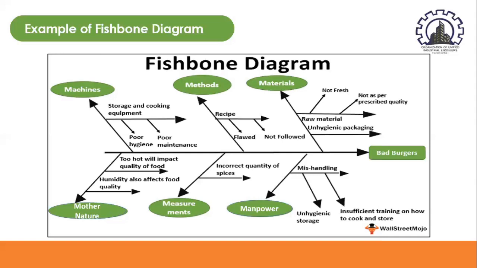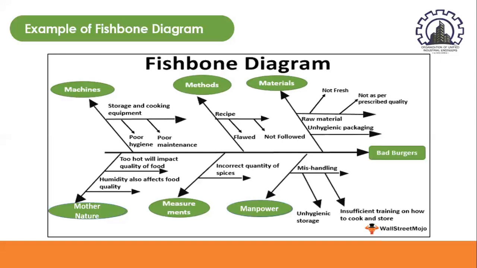So maybe mishandling contributed to the taste of the burger, because the personnel there are not following GMP or good manufacturing practices, or HACCP or hazard analysis and critical control points. That's very important, GMP and HACCP, if our nature of business is a food business. Okay, so there is mishandling.